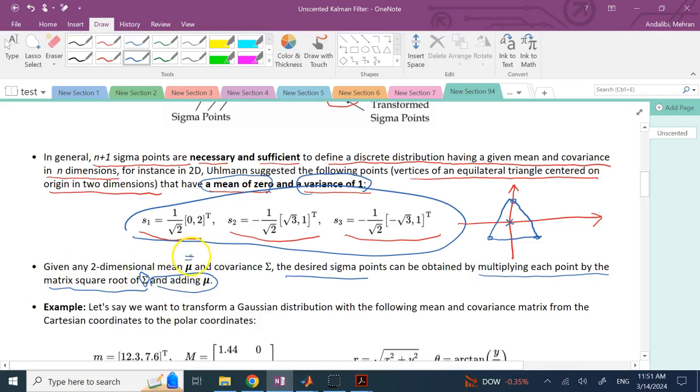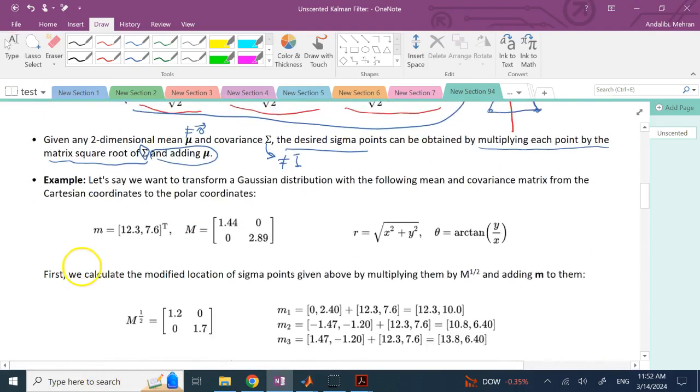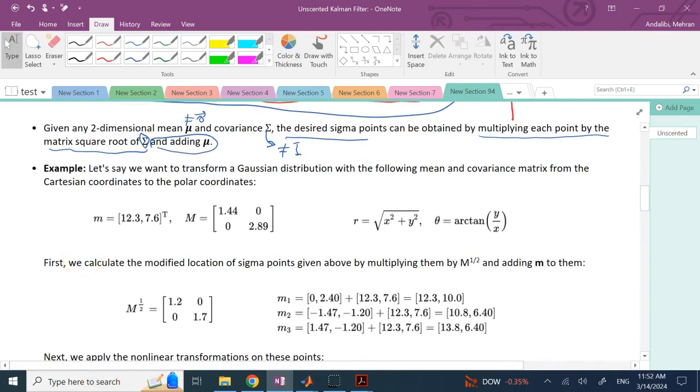So this mu is not equal to vector 0, and this sigma is not equal to the identity matrix. In this case, we multiply these 3 points by the matrix square root of sigma, and then add mu to it before applying this nonlinear transformation.